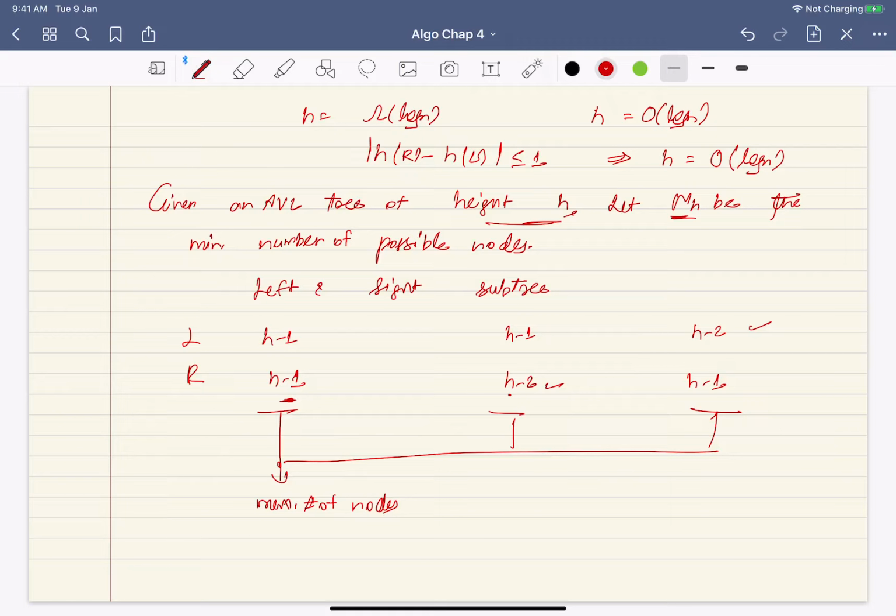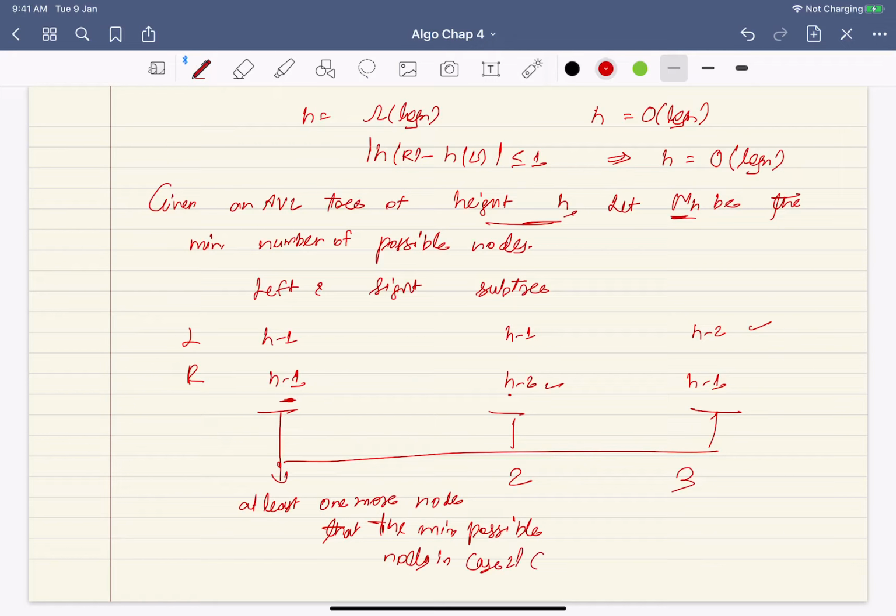Or you can say, if you want to put a bound in terms of the minimum number of possible nodes, it will always have at least one more node than the minimum possible nodes in case 2 or 3.